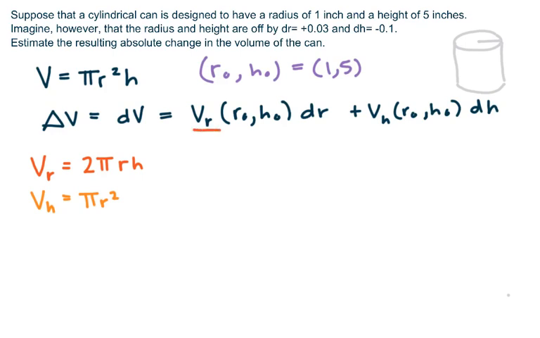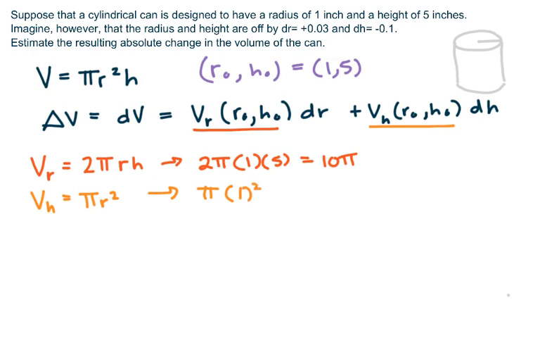Evaluating each of these at those points, I'm going to have 2 pi times 1 times 5, which is 10 pi for the partial with respect to r. For the partial with respect to h, we have pi times 1 squared, we just get pi.